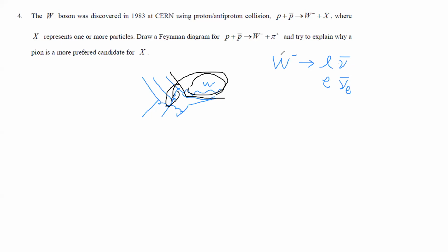That's how we detect the W boson. We do not detect it directly, but detect the decay products.